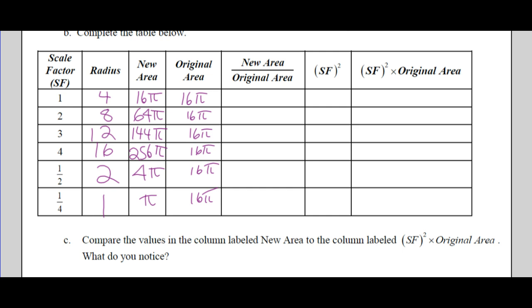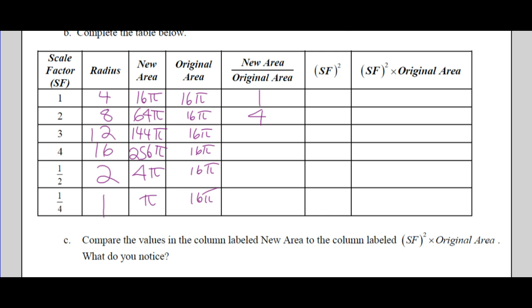New divided by original, 16 pi divided by 16 pi is 1. 64 pi divided by 16 pi is 4. Okay, so the pi's are just going to divide out, right? That's why we don't want to have some rounded number.